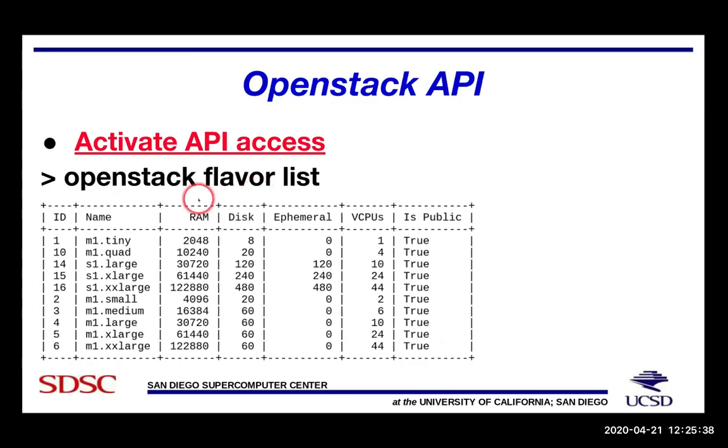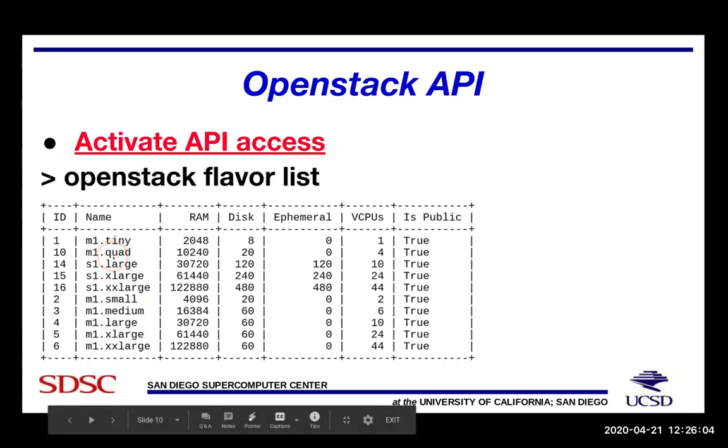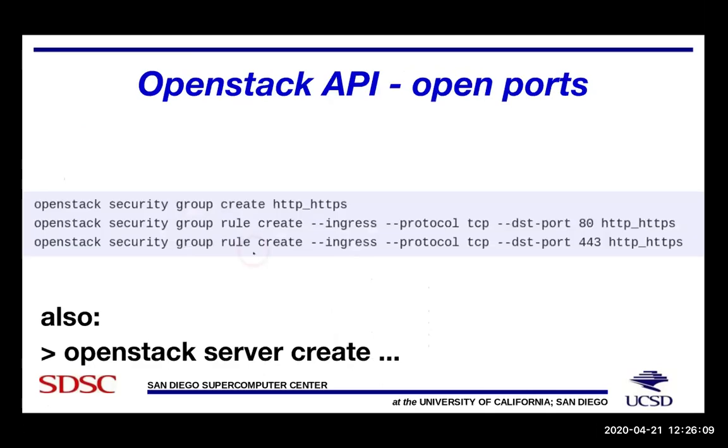For example, you remember that drop-down menu that was showing all the different sizes of the machine. Those are called flavors in OpenStack parlance. So you can do it from the command line. You can do openstack flavor list, and you're going to get the list of all the available sizes.